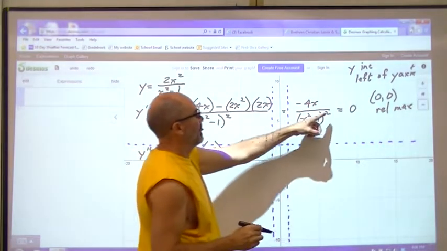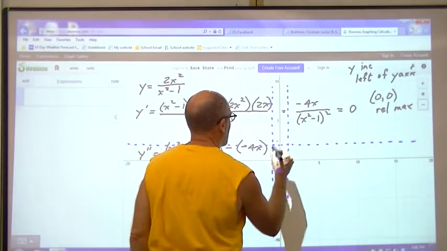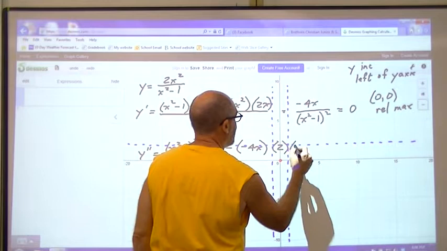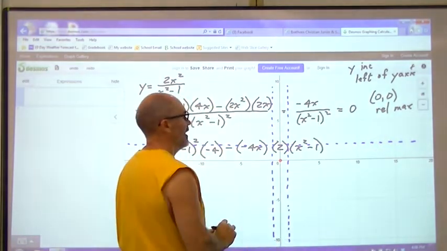Okay, now notice the derivative of the bottom is going to be 2 times x squared minus 1 to the first power.